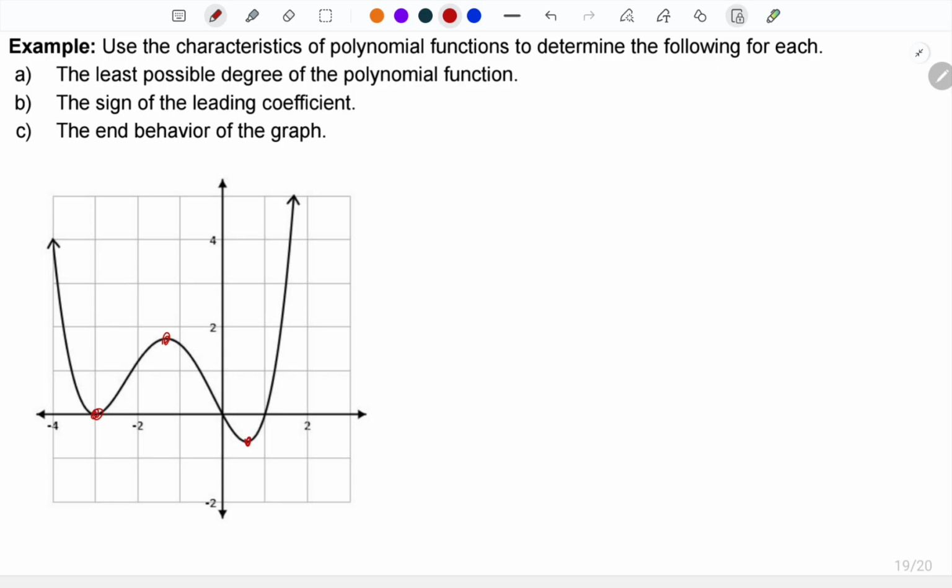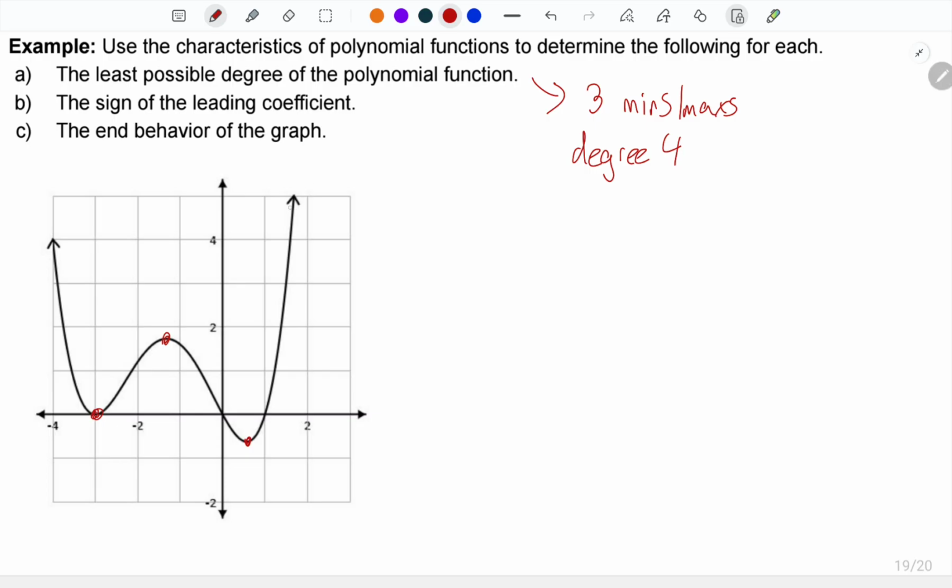There's 3 minimums and maximums. So by that, you could have degree 4. Because at most you'd have 1 less than the degree, so we'd have to have at least degree 4 to have 3 minimums and maximums.